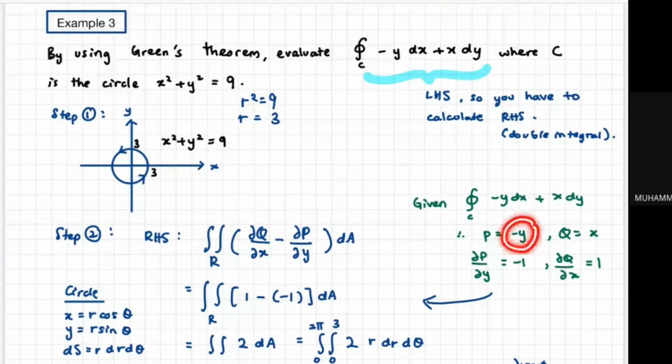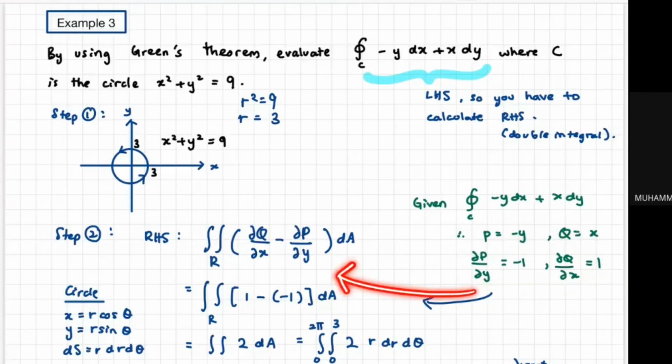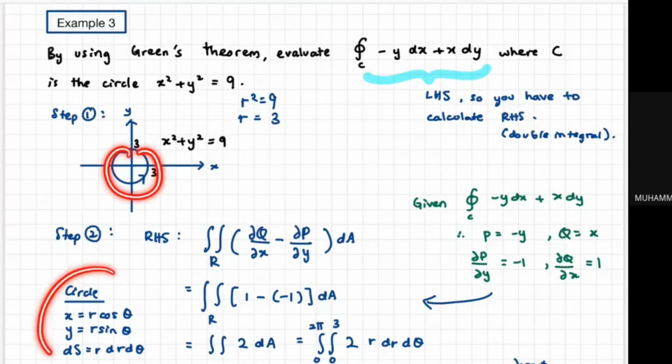This is your double integral. Given this equation from the question, your P is negative y, your Q is equal to x. So find del P del y is equal to negative 1 and del Q del x is equal to 1. Substitute these two into this equation for the right hand side of Green's theorem: 1 minus negative 1, you will get 2.